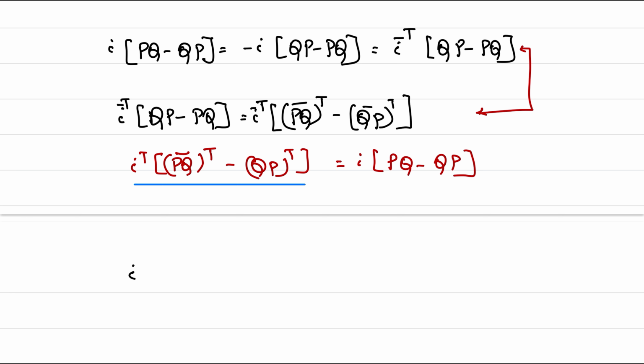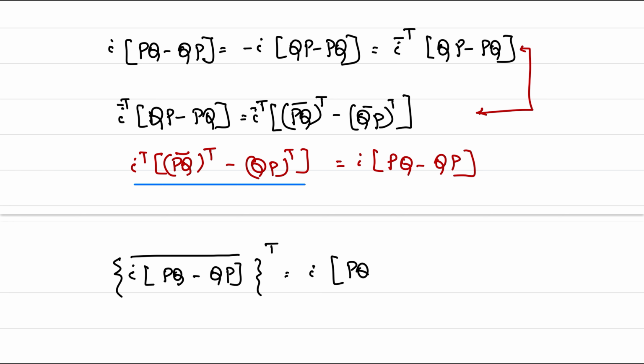I into PQ minus QP, whole conjugate transpose, is equal to I into PQ minus QP.